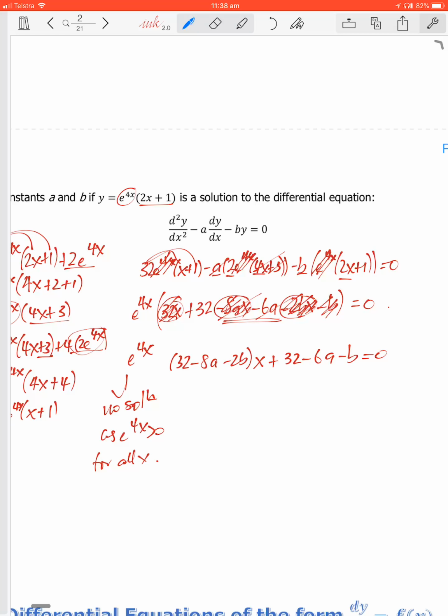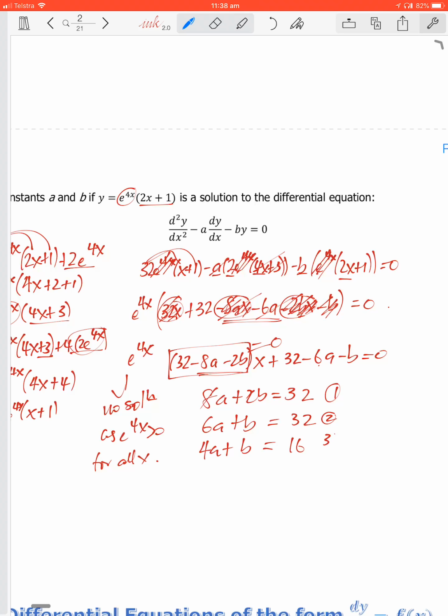Okay, so from this equation, we're going to have 8a plus 2b equals 32, because if I equate that to 0 and then bring these to the other side, the other one, I'm going to have 6a plus b equals 32. They're both equal to 32. If we divide the top one by 2, we're going to get 4a plus b equals 16.